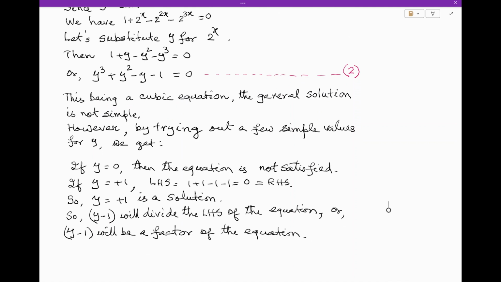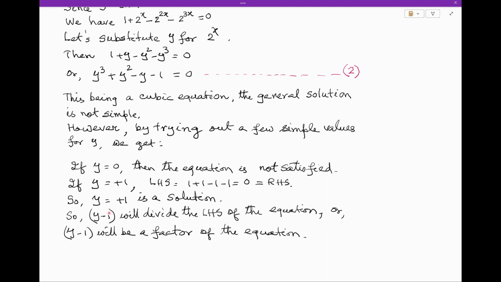However, by trying out a few simple values for y, we get: if y is equal to 0, then the equation is not satisfied. But if y is equal to plus 1, the left-hand side becomes plus 1, plus 1, minus 1, minus 1, and they add up to 0, which equals the right-hand side.